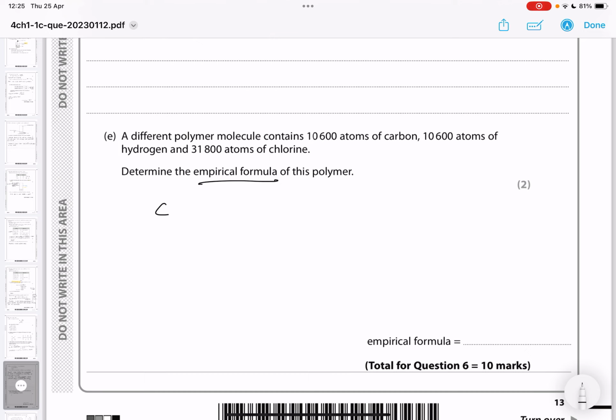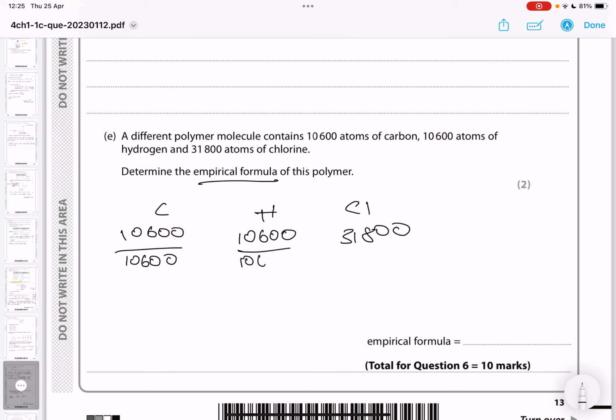To determine the empirical formula, we write down the number of atoms and divide by the least number of atoms. So 10,600 is the smallest number of atoms. You divide everything by 10,600 and then you'll get your empirical formula. That'll give you 1, 1, and 3. So the empirical formula is CHCl3. Okay?